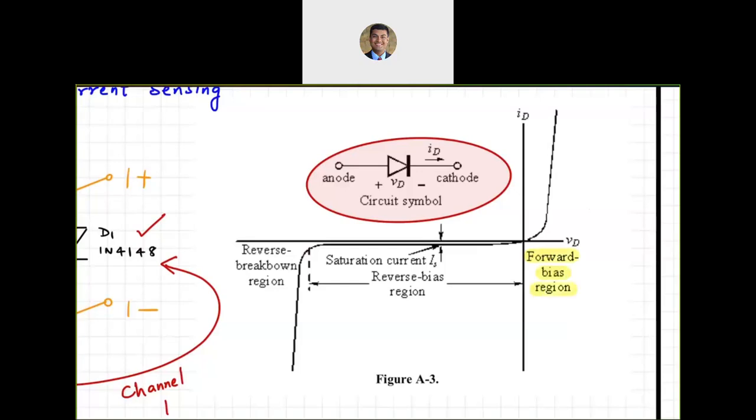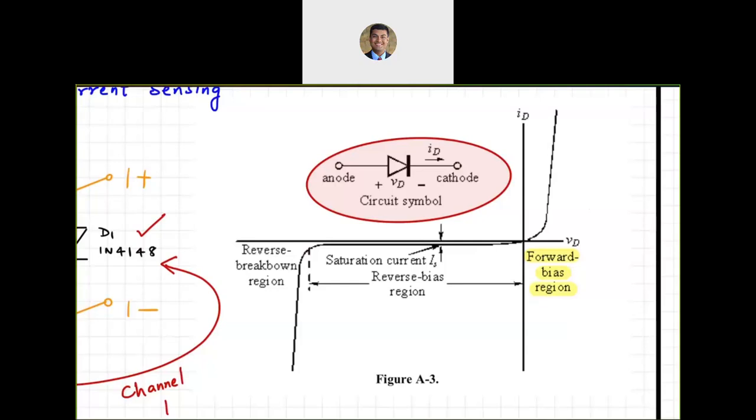This is the region in which we have a positive voltage connected to the anode of the diode. It doesn't need to be negative at the cathode; all that is required is that the anode voltage is more than the cathode. That particular region, we are going to call the forward biased region.